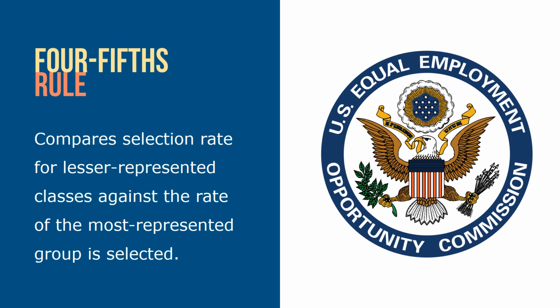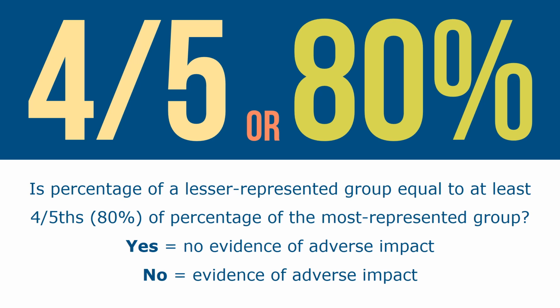If the lesser represented group has a selection rate that is less than 4/5 or 80% of the selection rate for the most represented group, this can be used as evidence of discrimination or adverse impact being present. Again, a selection rate for a protected class group which is less than 4/5 or 80% of the rate for the group with the highest rate indicates adverse impact.